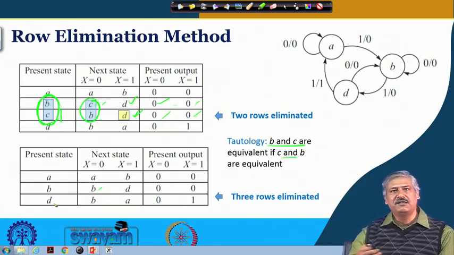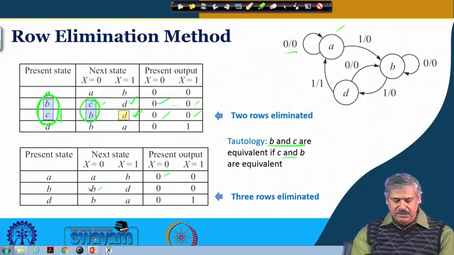From 6 states we have come down to 3 states by this method, and now we can convert it to the state transition diagram if required. You can see that at A, for x equal to 0, it remains at A and output is 0.